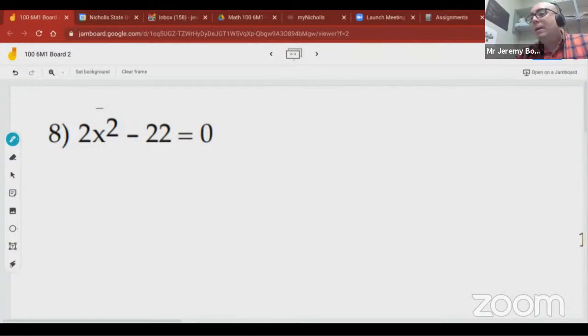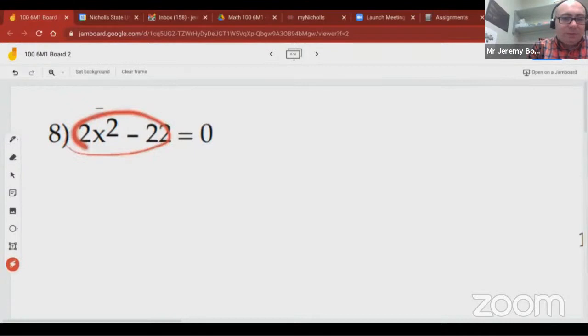The first thing I did was, it's already set equal to 0. So I'm thinking, let's try to factor it and see what we can do. When I look at this, and you may have done this differently, which is fine, I see a 2 here and a 2 here as well. So I'm going to factor a common term of 2 out.